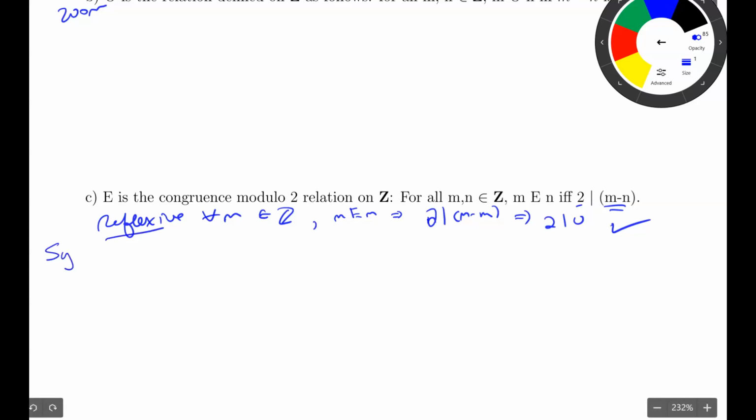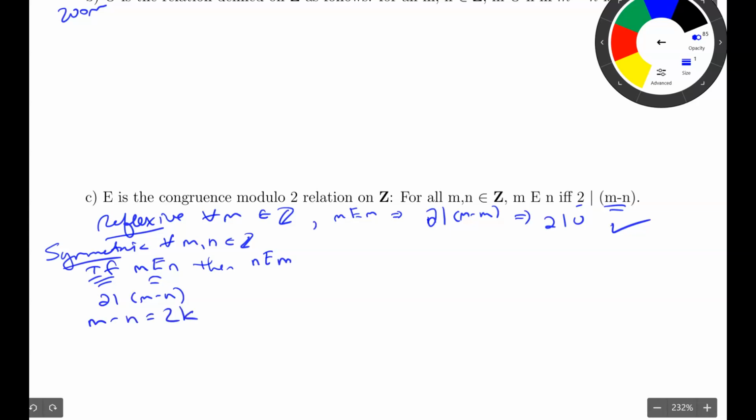So let's go to symmetric. To be symmetric, for every m and n in the integers, if, remember, big deal, if m is related to n, then I need to show n is related to m. So what does this mean? This means 2 divides m minus n, which means m minus n is equal to 2k.